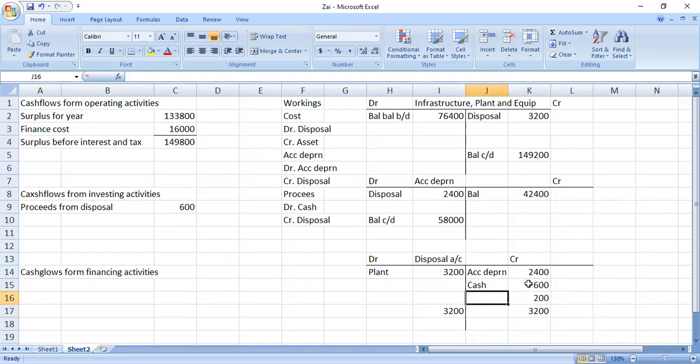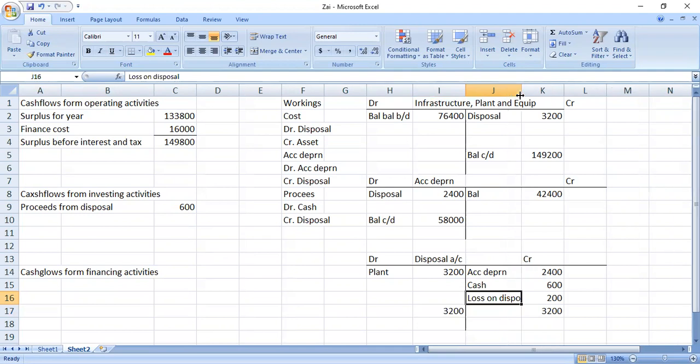Okay, it is 200. Okay, so we say this is loss on disposal. Why is it loss on disposal? Because it was credited here. So if you're credited here, clearly you're saying we're going to debit you somewhere else, or it was debited in the income statement.